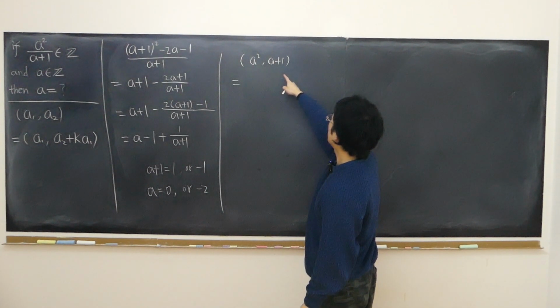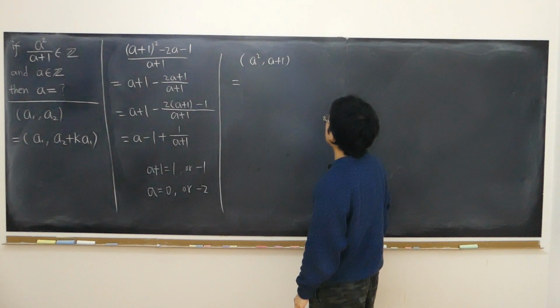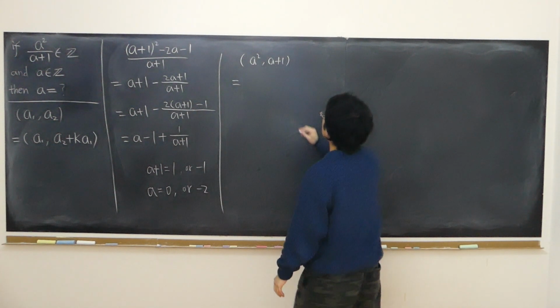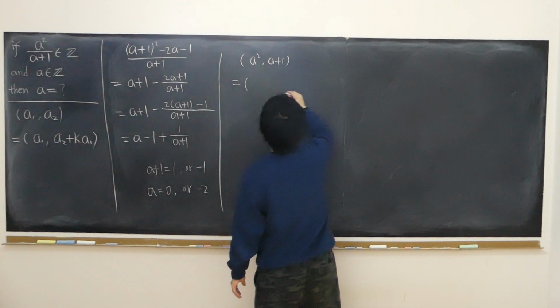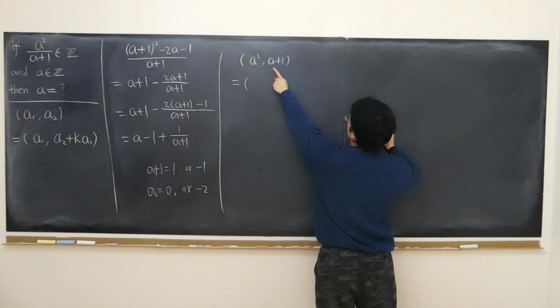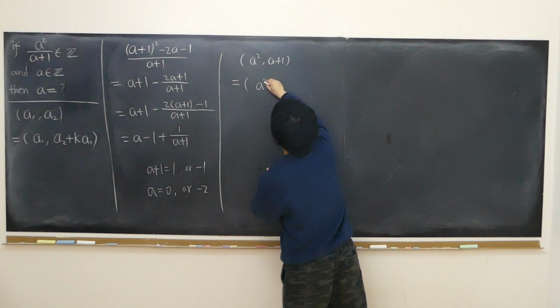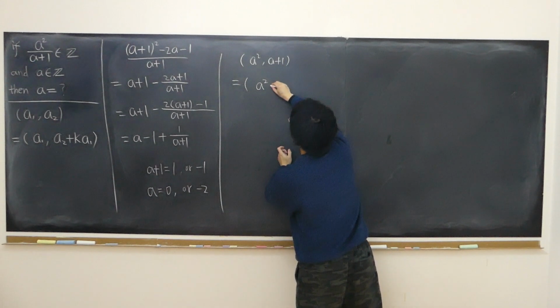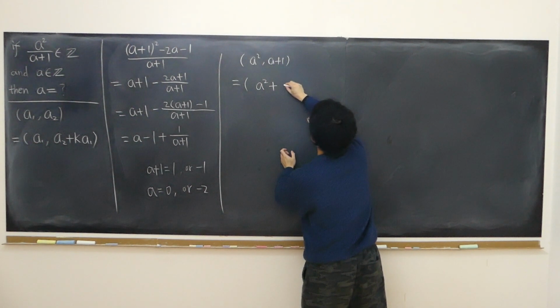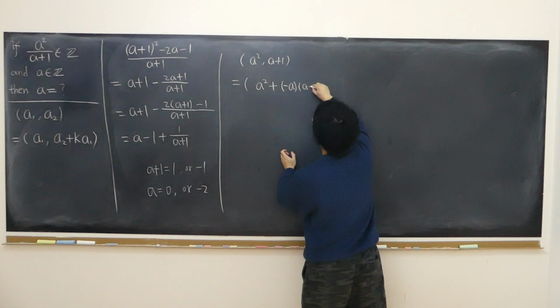Maybe I can multiply a plus 1 with minus a, right? That way, if a plus 1 times minus a, I have minus a squared minus a. So I can just add minus a times a plus 1.